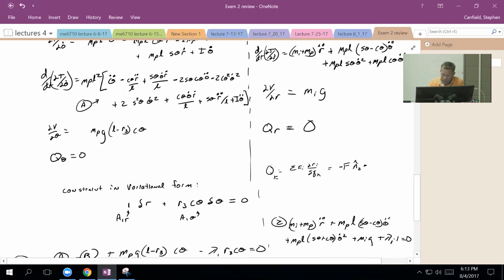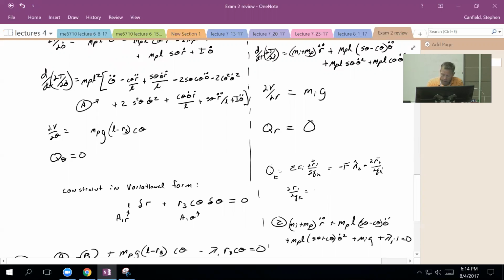We have to dot it, and that's acting on body 1, so we'll have to dot it with the partial of r1 with respect to qk.